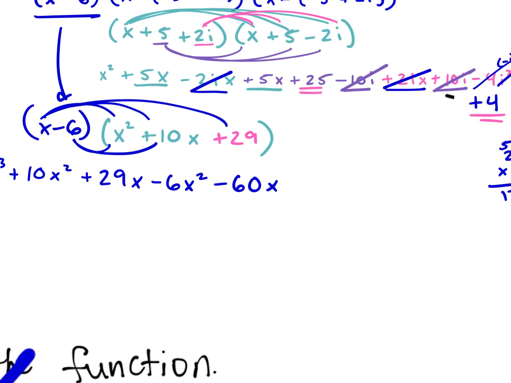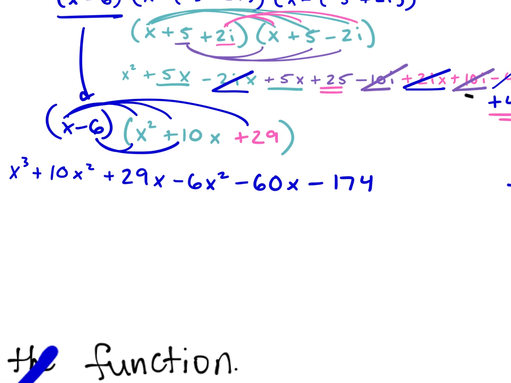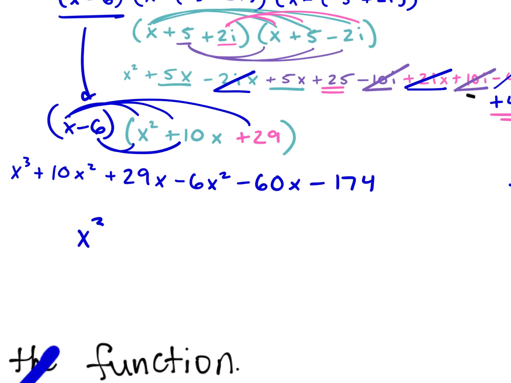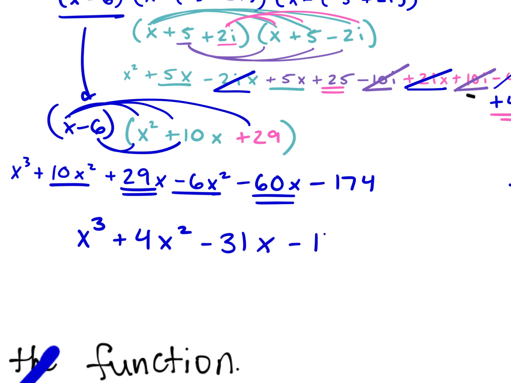Awesome. Negative 174. Good job. Combine like terms is our last step. So we have x to the third power plus 4x squared. Perfect. 29x minus 60x, negative 31x, minus 174. That would be our answer.